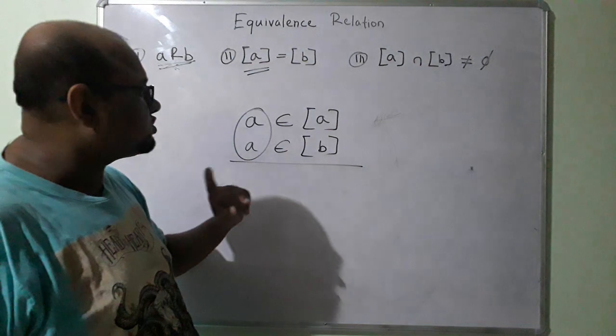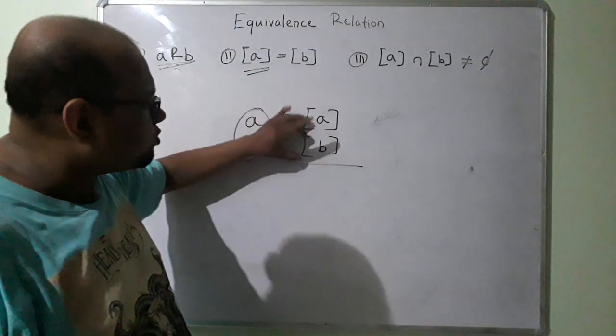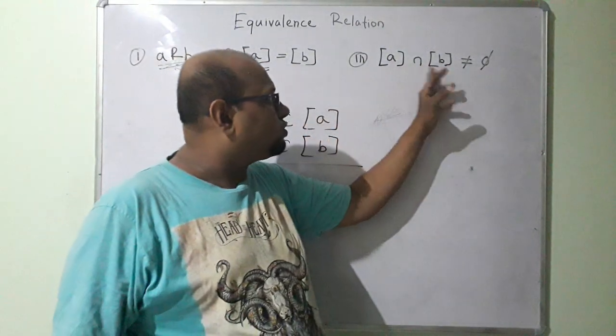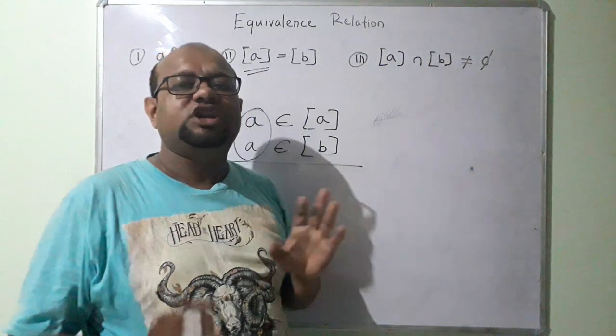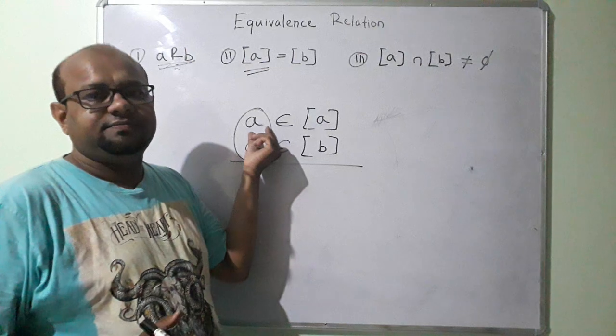These are sets, of course. So there is some element A that is common between these two sets. Because of that, we know the intersection of these two sets is not empty. It's going to be at least this element.